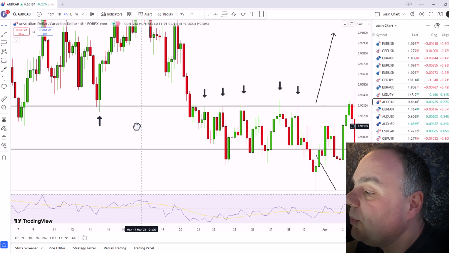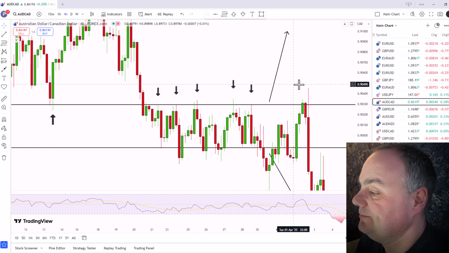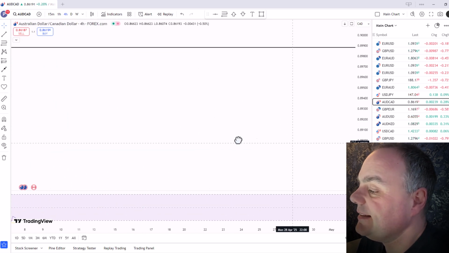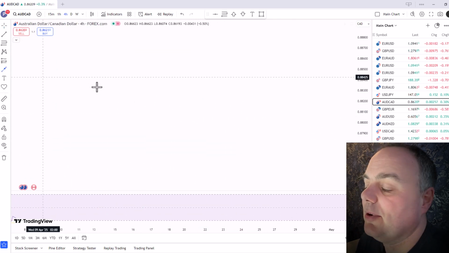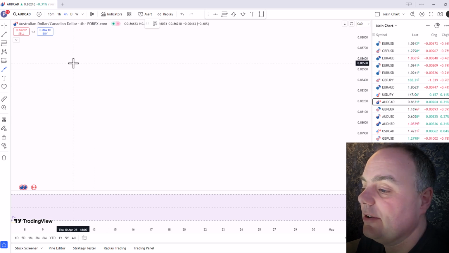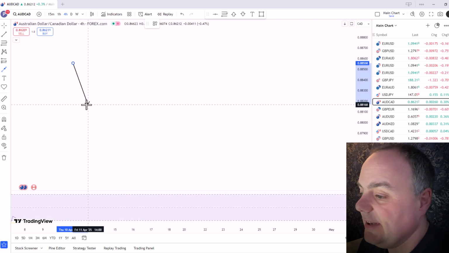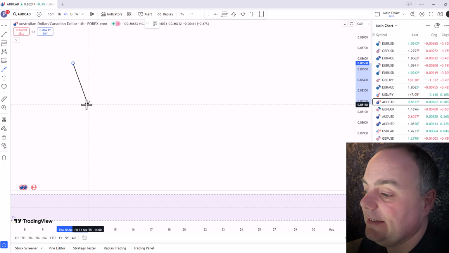So the way I like to think about structure is, let's imagine we've got a price on a currency pair and price is moving in the bearish direction. I'm on the Aussie CAD here, but let's just say this is the pound against the US dollar because I'm British.